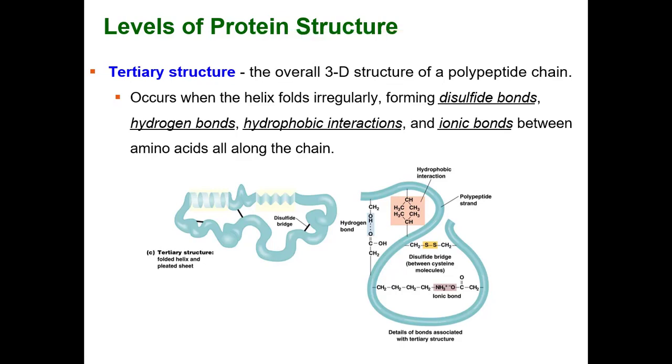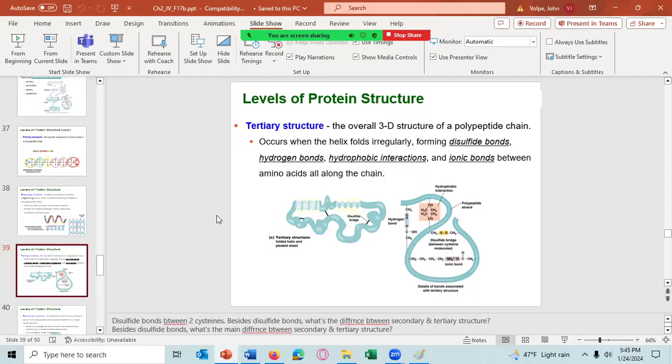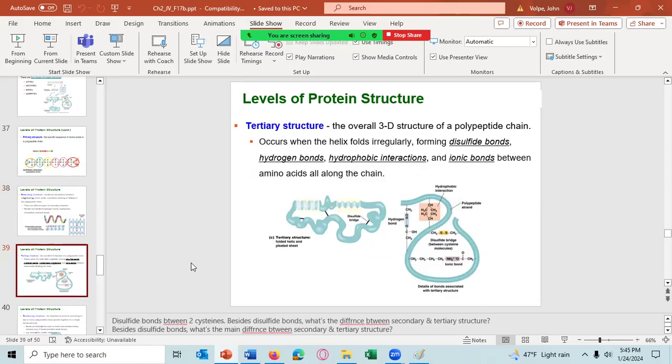These forces of attraction and repulsion between the amino acids of the 3D structure can be all of the forces of attraction and forces of repulsion that we saw in the secondary structure of a protein. However, in the tertiary structure, we have one other force of attraction.